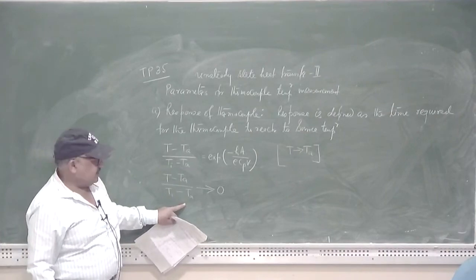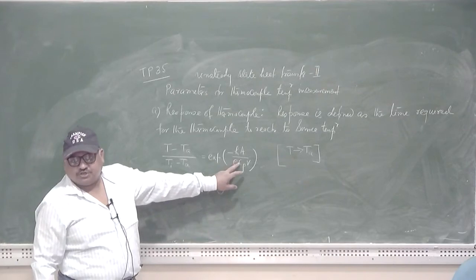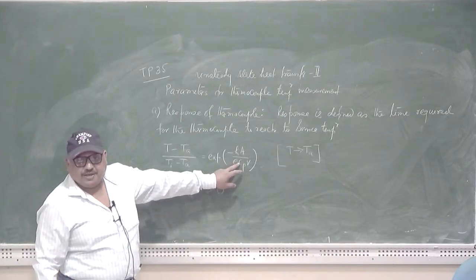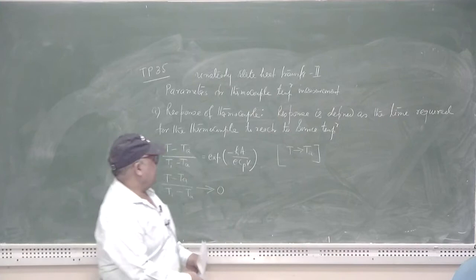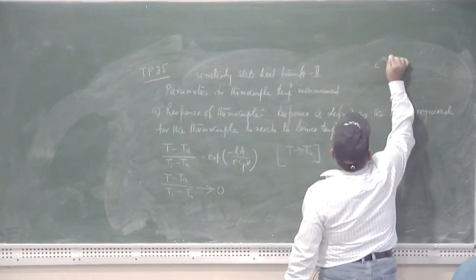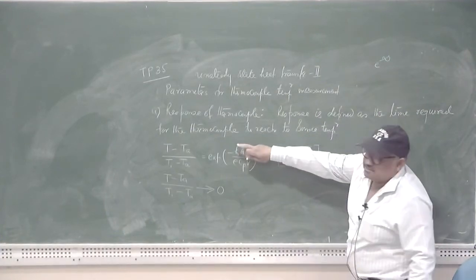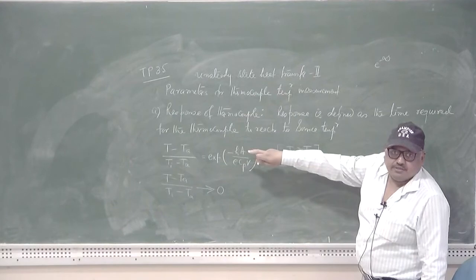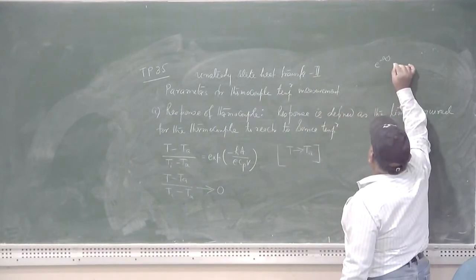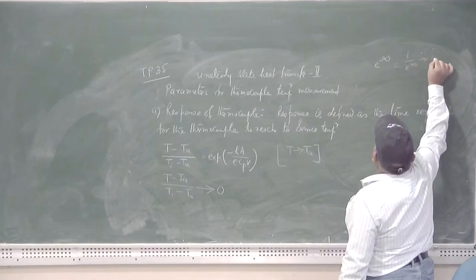It means the exponential quantity must tend to 0. What does it mean? It is possible that e to the power minus infinity tends to 0, that means the term in the exponent must tend towards infinity, because e to the power minus infinity will definitely tend towards 0.